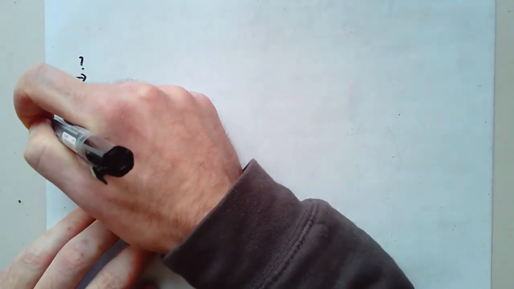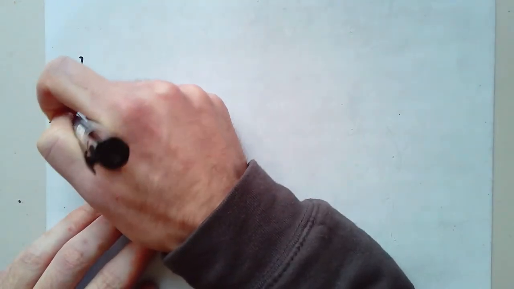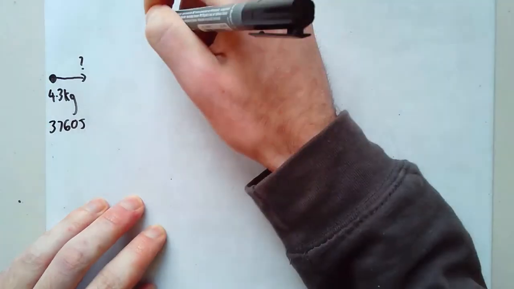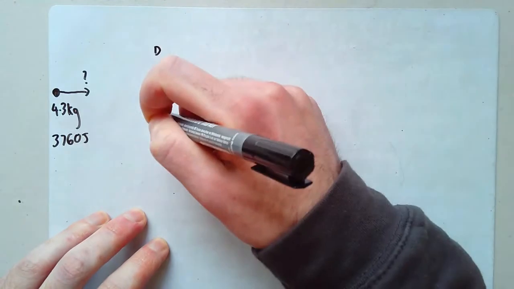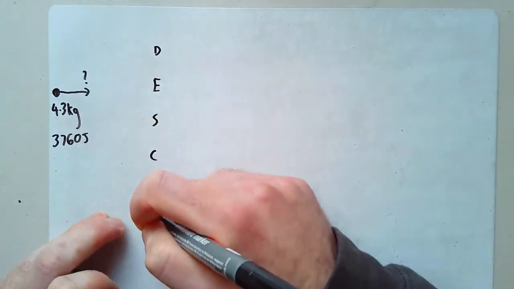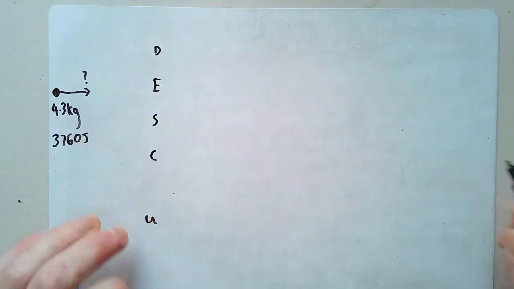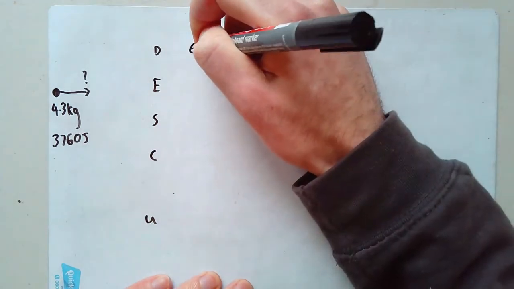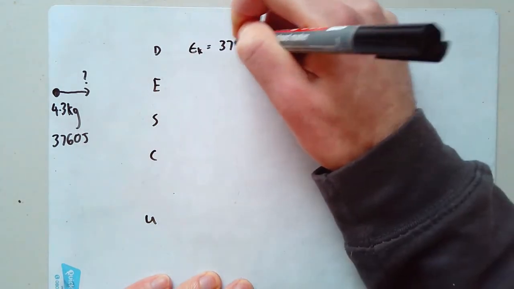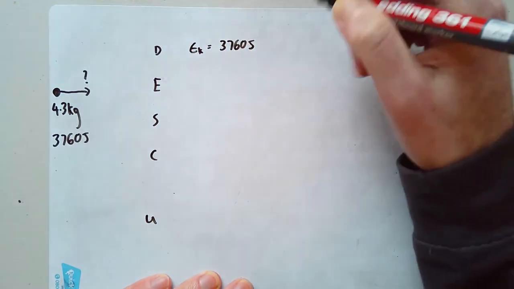DESCU. I'm going to leave quite a big space over there for the C so I can see what's coming. Data: EK equals 3760 joules. M equals 4.3 kilograms. V, don't know.